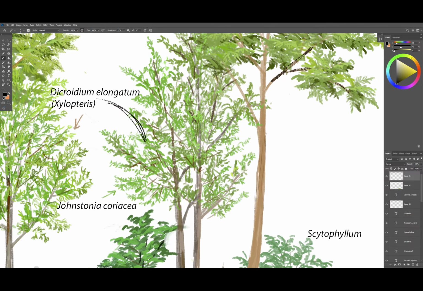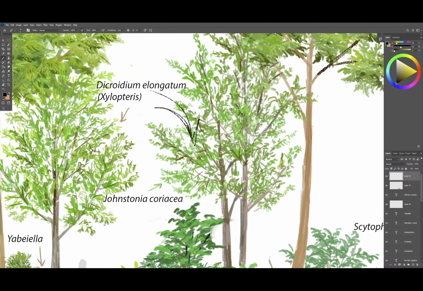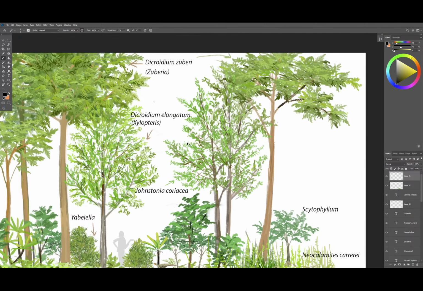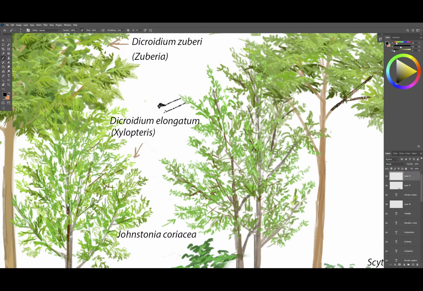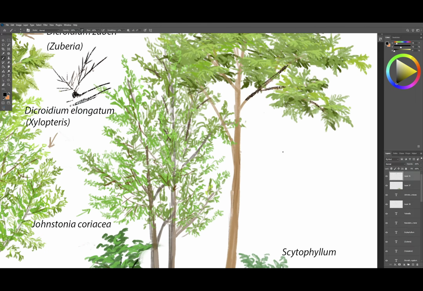The other ones, like Dicroidium elongatum, I don't know. That looks more smooth overall, and it grows like a ginkgo. If this is the trunk, the stem, I mean, it has like a shoot here, and it goes like this. Compared to this one, which goes something like this.